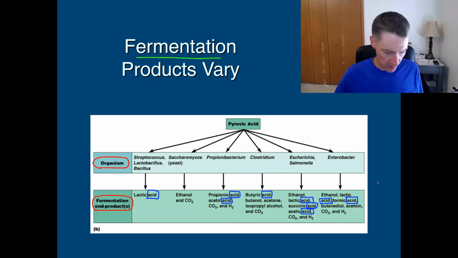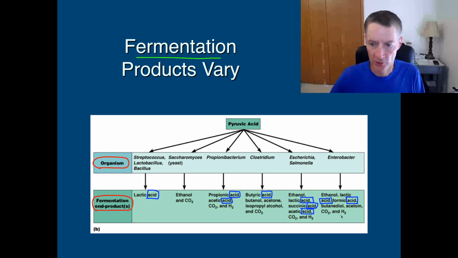So one thing that's very common are acids. Another thing we see here is ethanol. That's an alcohol, right? We see another kind of alcohol here, isopropyl alcohol. I see another ethanol and another. And there's a mention of other kinds of alcohols below that, right?